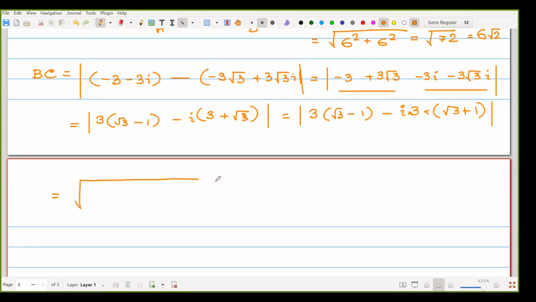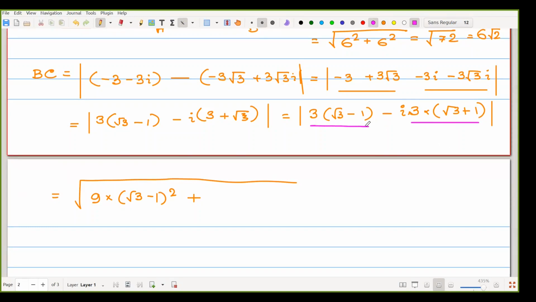That is the square root of 3 squared, that means 9 into (root 3 minus 1) whole square, plus the imaginary part's coefficient, that one is now 9 into (root 3 plus 1) whole square. Okay, so calculate it.